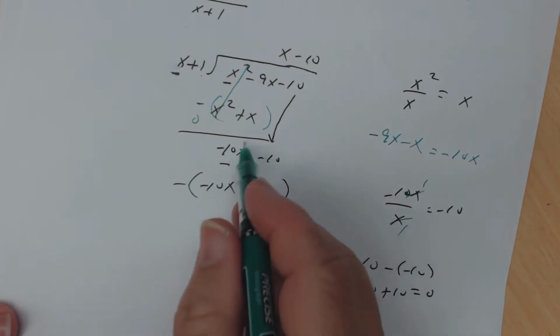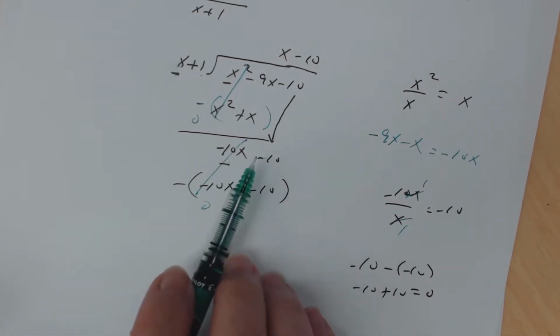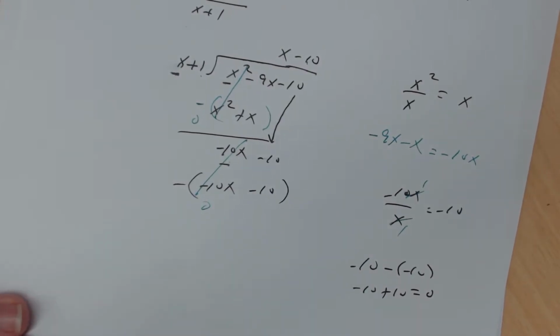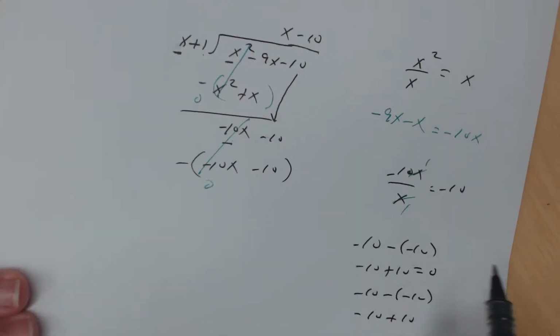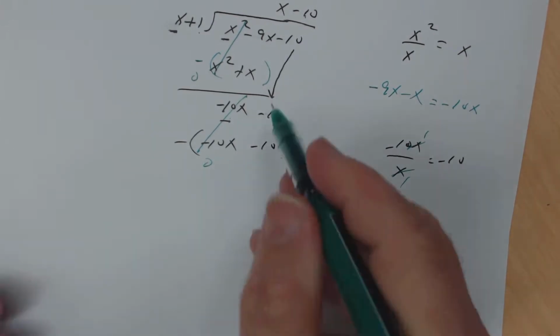And that's what you wanted. You wanted this to become 0. Same thing here. Negative 10 subtract a negative 10 is negative 10 plus 10. Use your calculator. Negative 10 subtract negative 10 gives you 0. So don't make it difficult. So that's 0 as well.